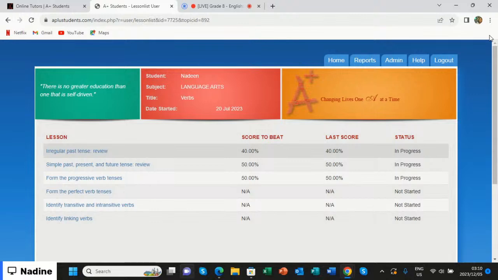All right, so we have regular verbs and then we also have irregular verbs. Regular verbs basically follow rules like ending in d or ending in ed. This is when we show our different tenses.